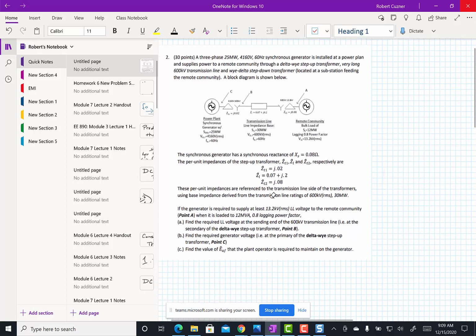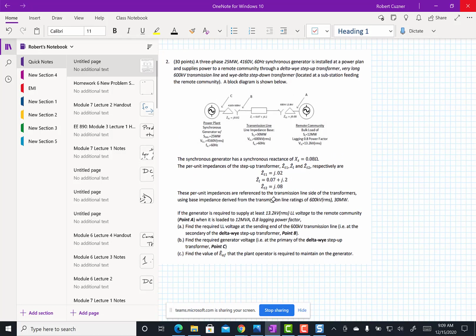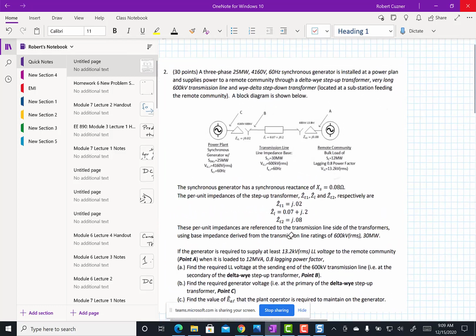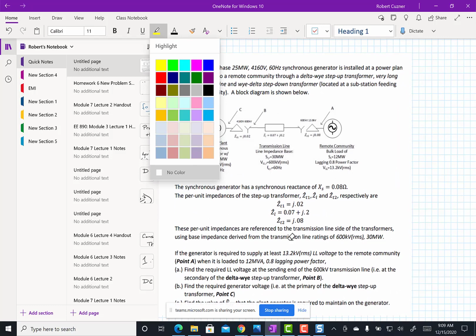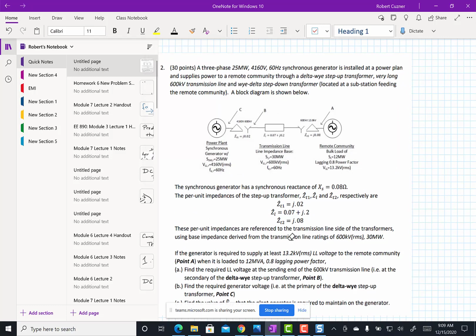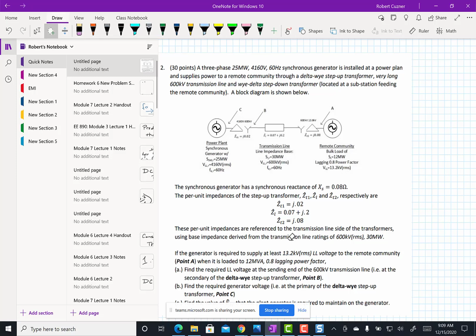Let's talk about problem 2. Okay, so problem 2 says that you have, and I'm going to highlight these problems. You've got to look at what it's saying. The first thing is, when you give a rating of a machine, that usually means you're going to need to do per-unitization.